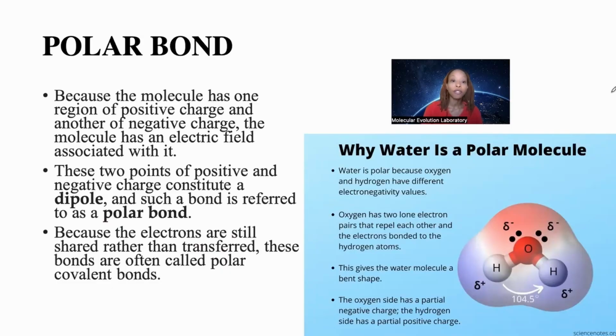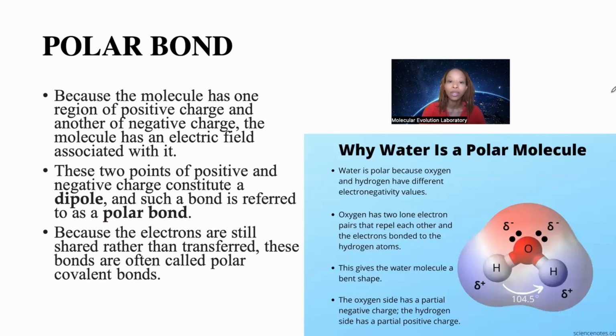Because the molecule has one region of positive charge and another of negative charge, the molecule has an electric field associated with it. These two points of positive and negative charge constitute a dipole, and such a bond is referred to as a polar bond.